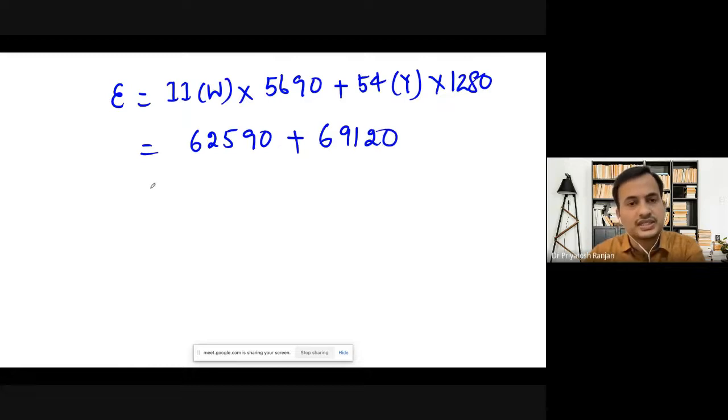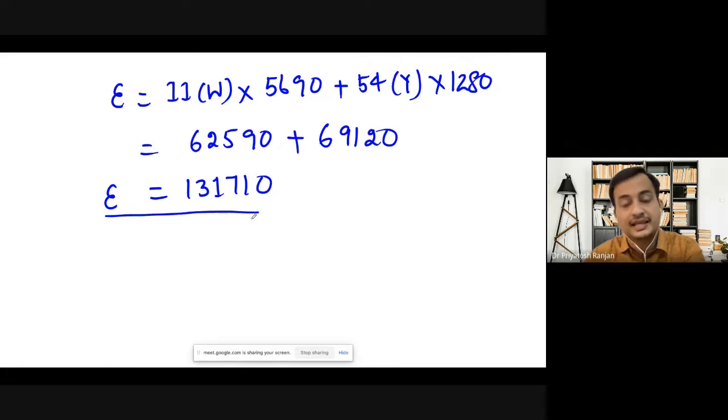So the total molar extinction coefficient is going to be 69120 plus 62590, which is equal to 131710. Fine. So we have epsilon, we have L, which is path length 1 centimeter. Now we need to look at C.